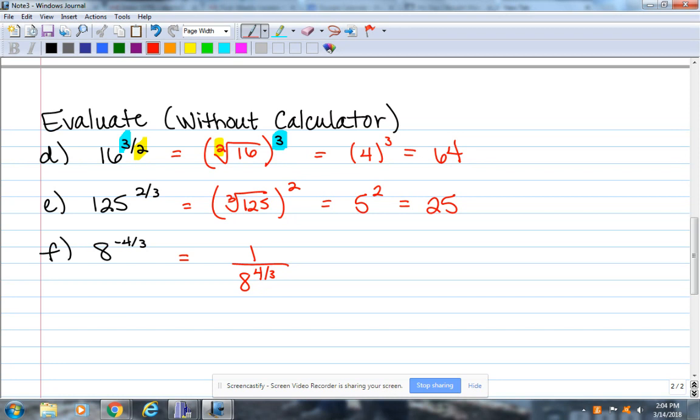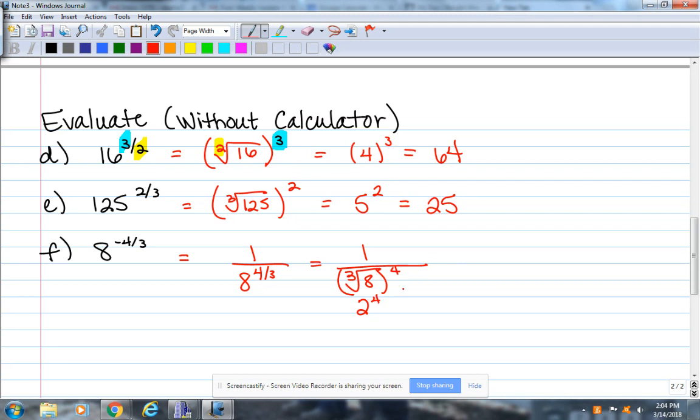So then you do the same thing with that denominator as you did. You're going to keep the 1 on top. What's my index for the 4/3 power? So it's the cubed root of 8, all raised to the 4th. You can just do that underneath. What's the cubed root of 8? 2.